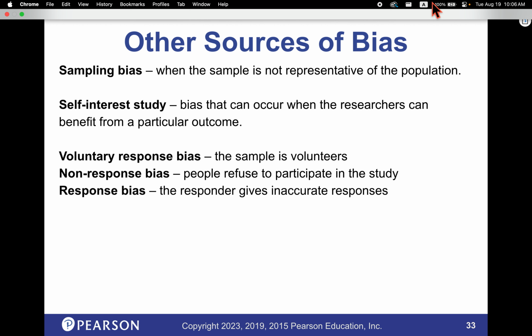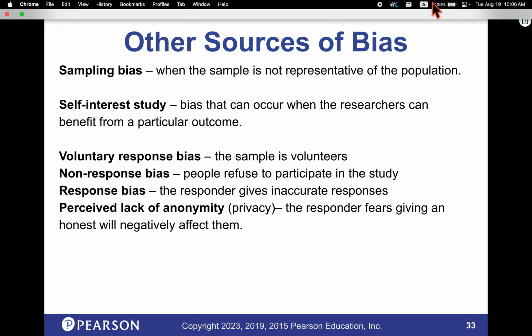There's also response bias, when the person is giving an inaccurate answer, sometimes because there's not privacy, and I'm just going along with the crowd. I don't want people to know what I actually think. So sometimes you get inaccurate responses, due to perceived lack of privacy.